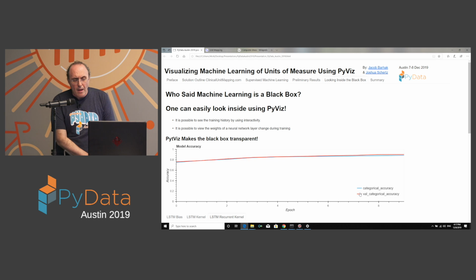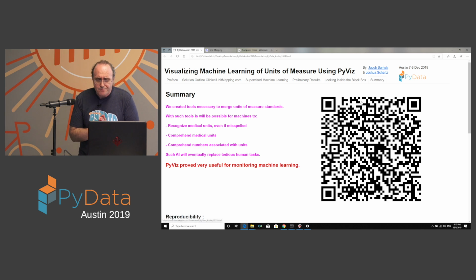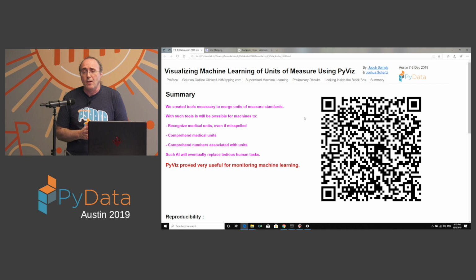So at this point, I want to summarize and tell you that we have all the tools necessary to go ahead and do the project of unifying all those units of measure and solving that problem that I showed you. I must say that the people at ClinicalTrials.Gov, the government people who created it, did a great job.